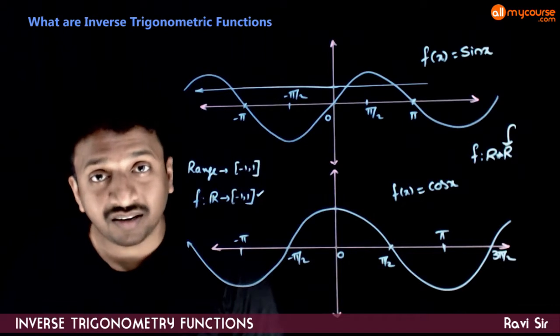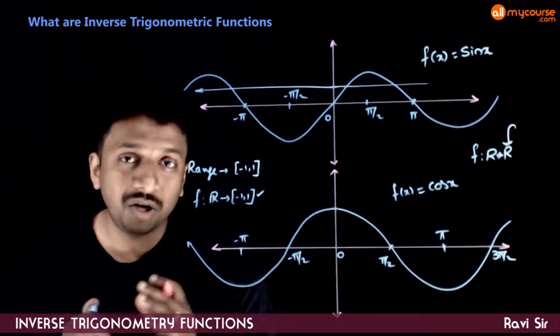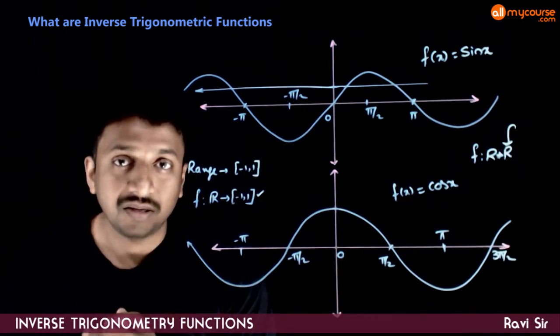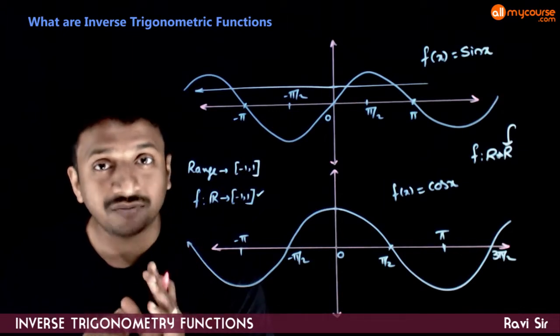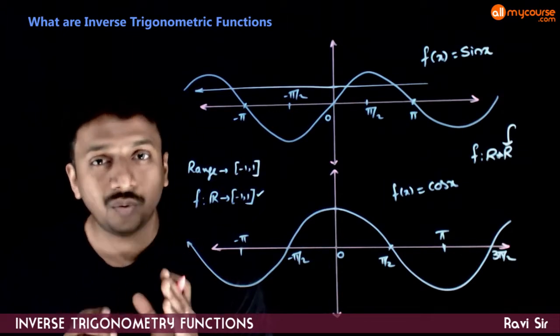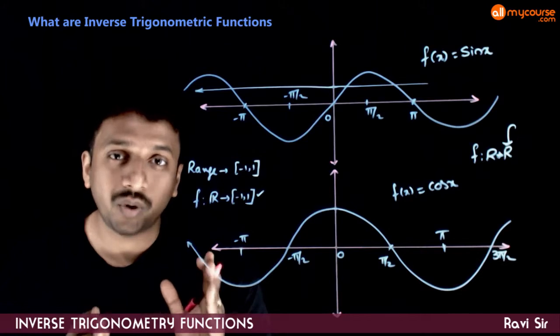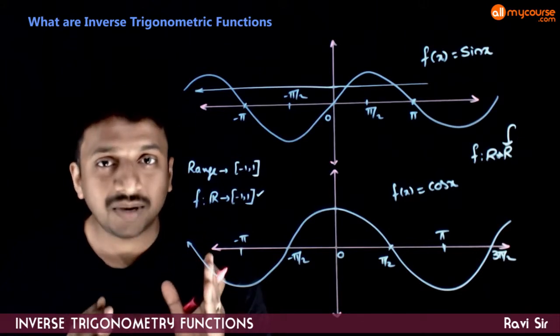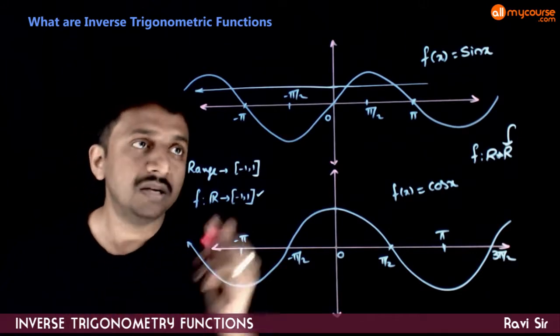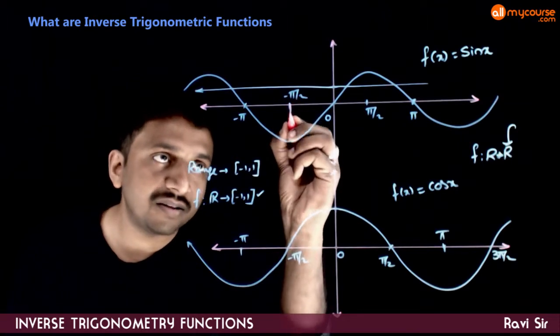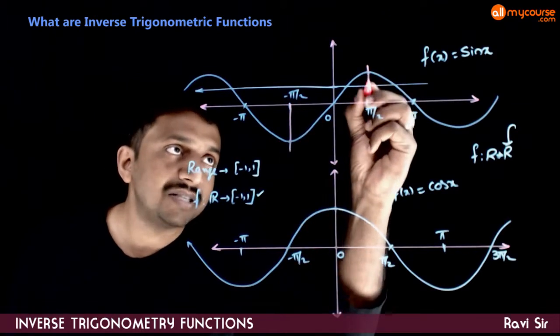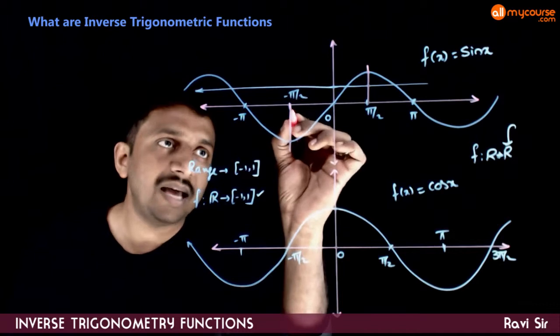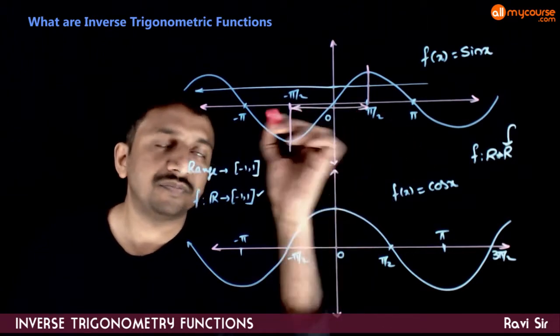So we have seen that there are different ways in which the domain can be restricted. What we are doing now is the standard restriction, which everyone will use, which all the mathematicians have agreed upon. The restriction for the function sin x is -π/2 to π/2.